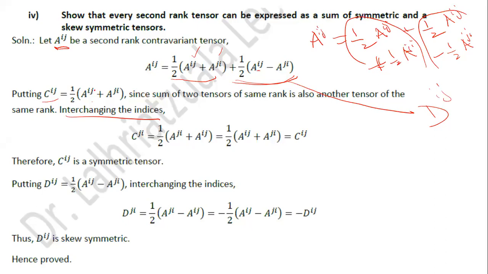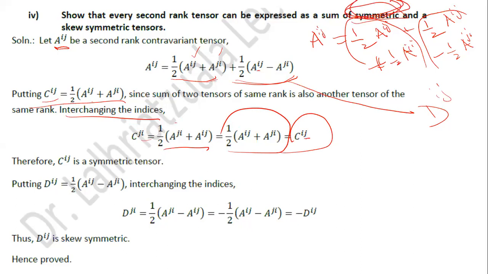So Aij becomes Aji, Aji becomes Aij. Now you get this term after interchanging indices. Now, if you rearrange it, you can rearrange it as this, and which is same as your Cij by definition here. So that means the first term here is having the property that Cij is equal to Cji. That is, the first term is your symmetric tensor. Okay, the first term is symmetric tensor.